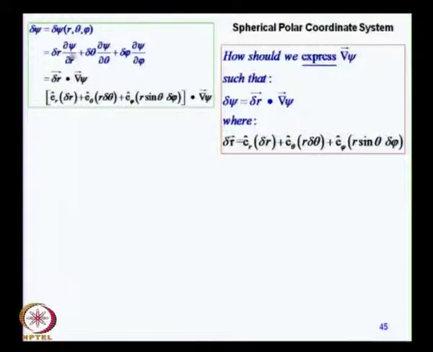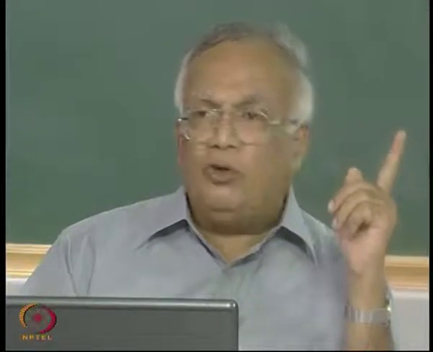From the chain rule we know what it is, and we must generate this equivalence by discovering for ourselves what must be the expression for grad psi, so that the A dot B expansion will give us the correct expression for delta psi according to the chain rule.